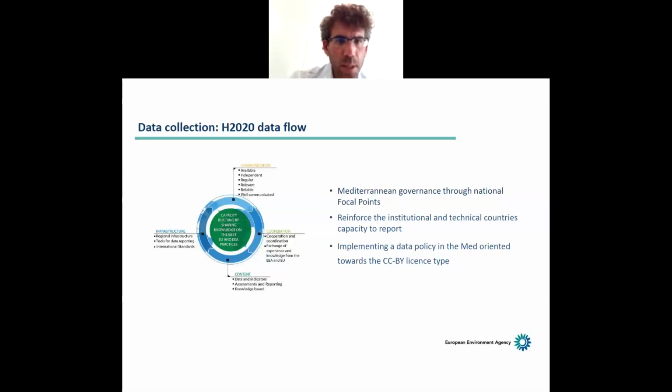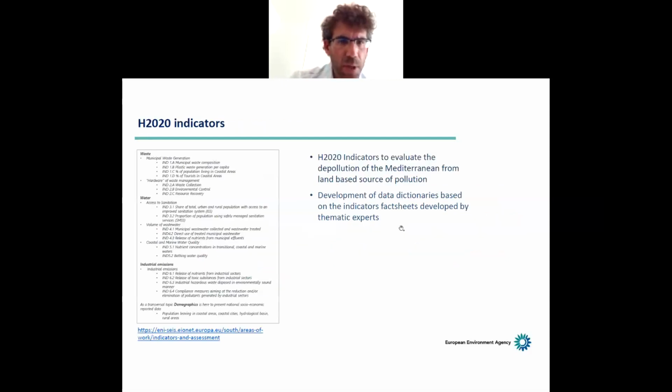So, in terms of data of H2020 data flow, we have organized this around 3 thematic areas and through a series of indicators. The content part is that we have developed a series of indicators related to waste that link the national waste management in the countries with the marine litter in coastal areas, the water indicators that study the discharge of untreated wastewater in the sea and the loads of nutrients, whose microbiological concentration is in line with the Bathing Water Directive.